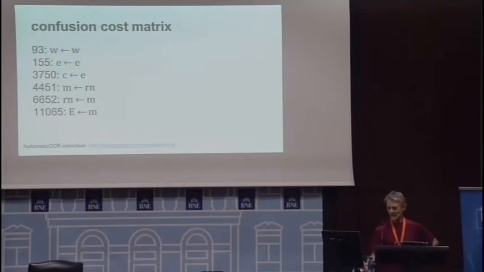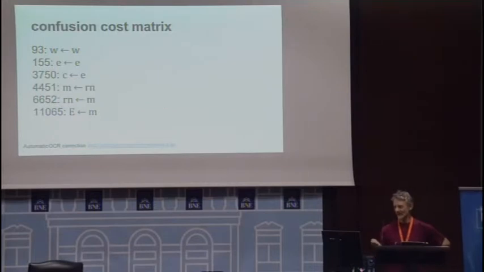For example, if the OCR sees rn, it might emit an m. So the cost of that, and I'll explain cost in a second, is 4,451 in our scheme. And the other way around, it's 6,652. There's even a cost for doing the right thing.